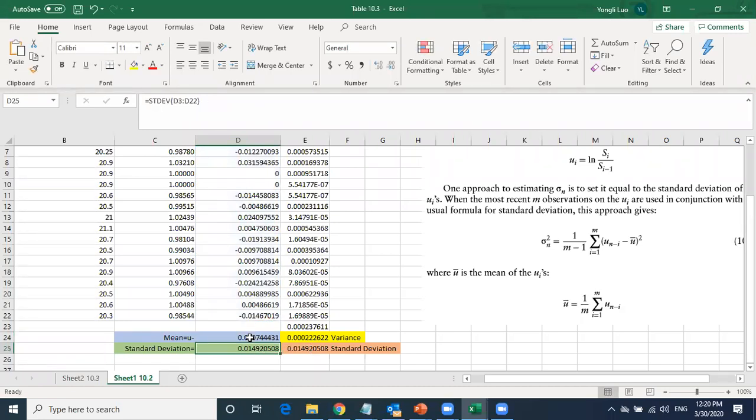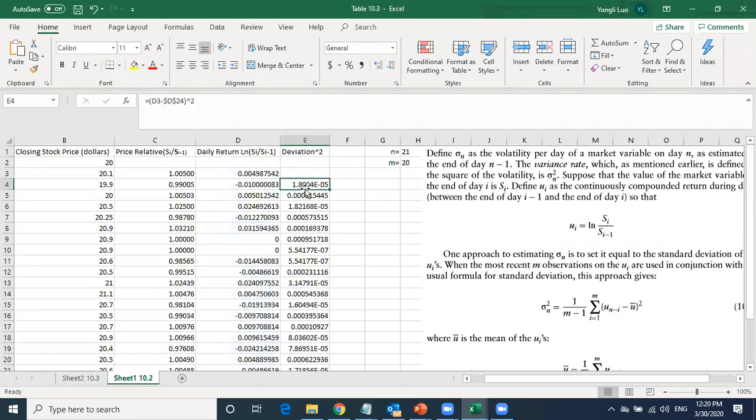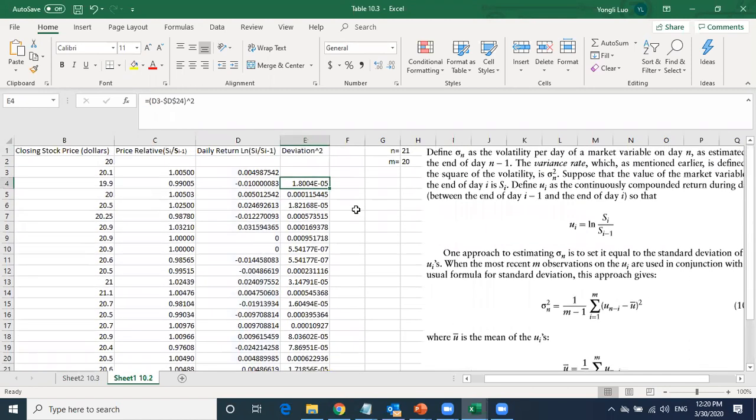Now you see the deviation of the return to the average.